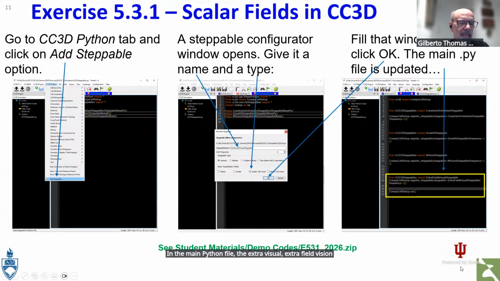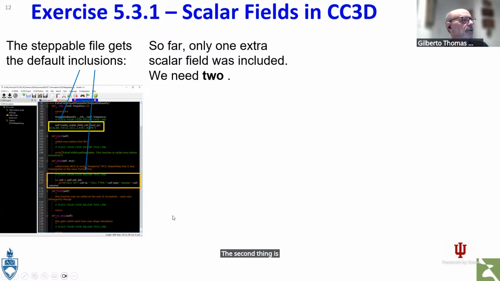The second thing is it also includes two blocks in the steppable file, which is the creation of the field itself in this line here, in green. You have to give the name of the field you want to describe.